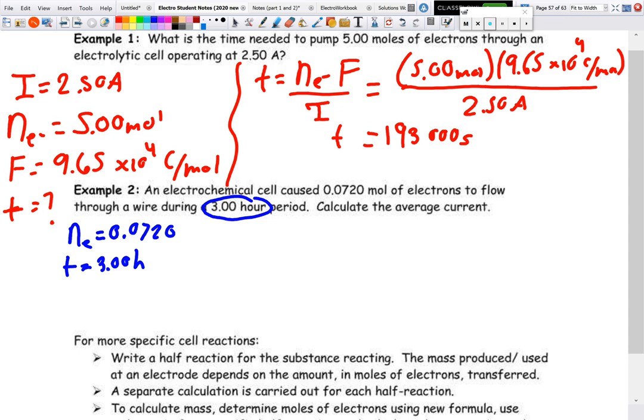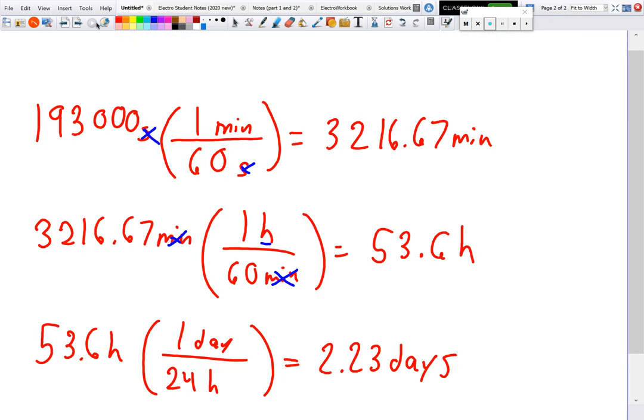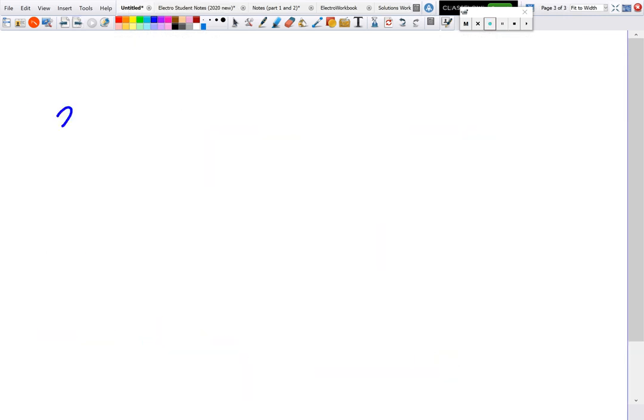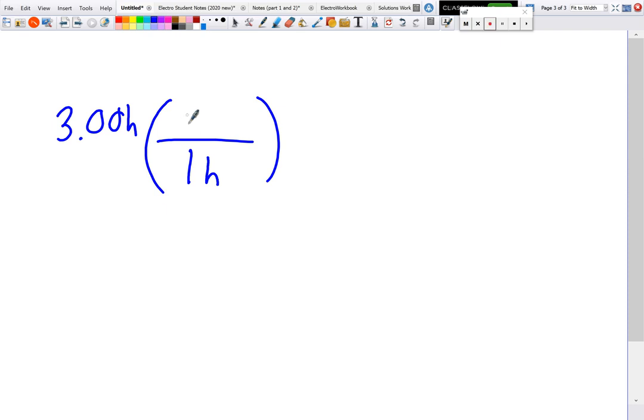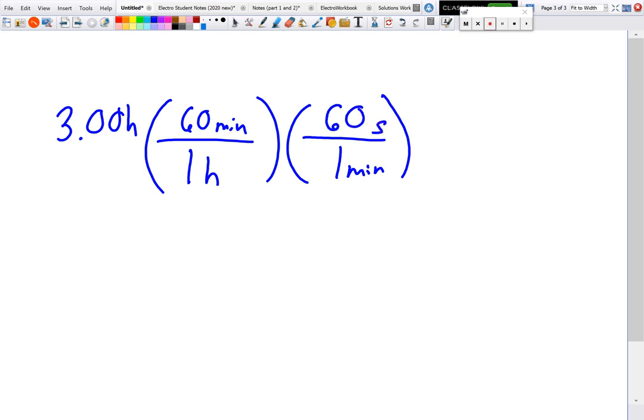So we do our conversion factors again if you want. Right, so if we have 3.00 hours and we need to get this into seconds, we know in every 1 hour there is 60 minutes, and to get rid of those minutes, in every 1 minute there is 60 seconds.